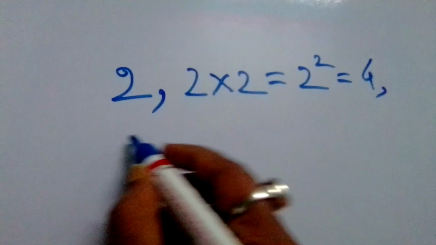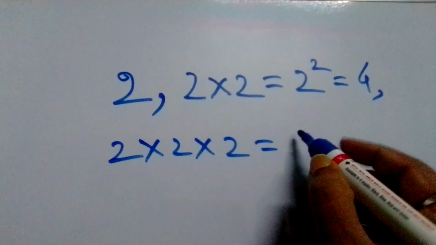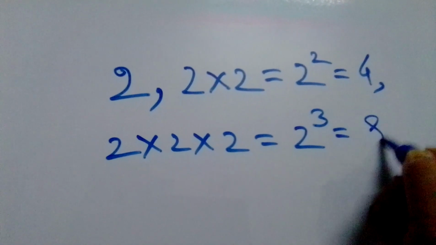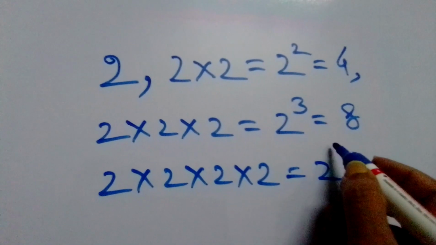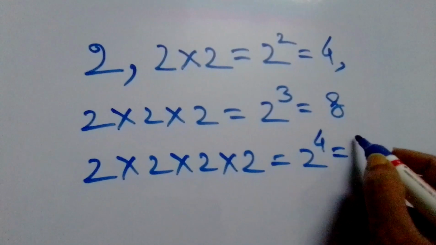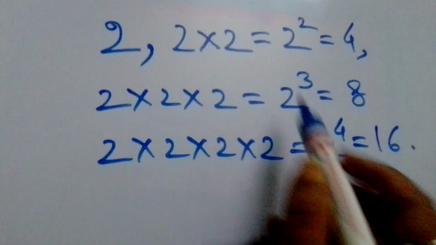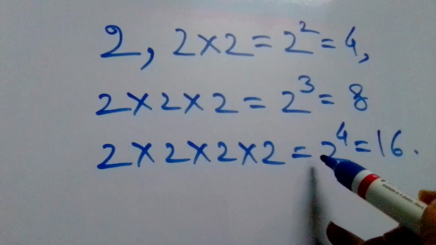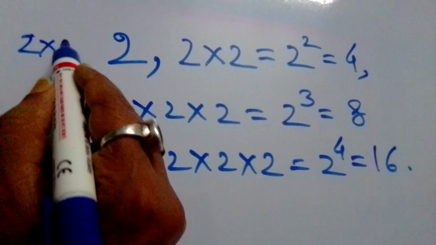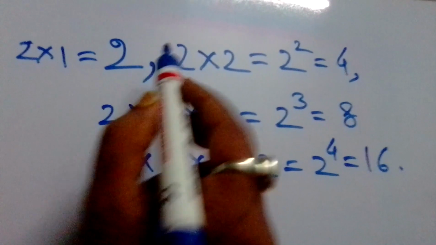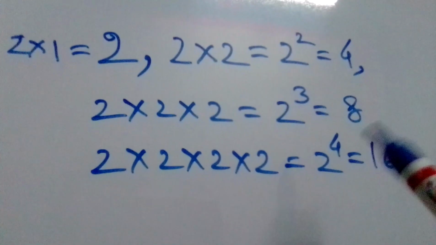If we maintain the same process, 2 cross 2 cross 2, a process of multiplication, that is 2 cubed is equal to 8. 2 cross 2 cross 2 cross 2, that is 2 to the power 4 is equal to 16. Already we know this is called power, and 2 can be written as 2 to the power 1. So 2, 4, 8, 16 in this way.